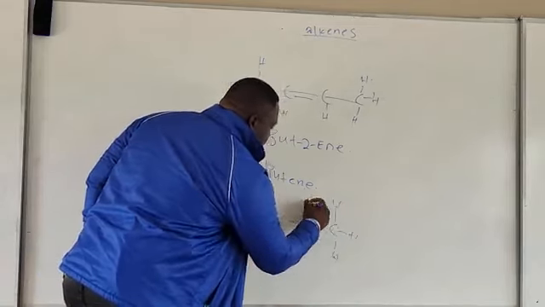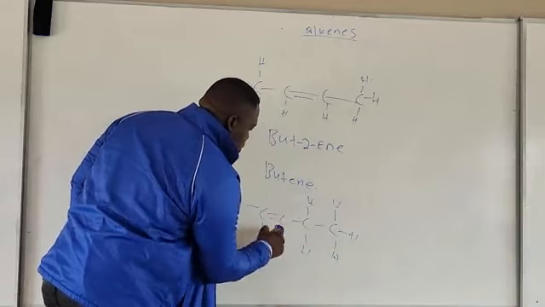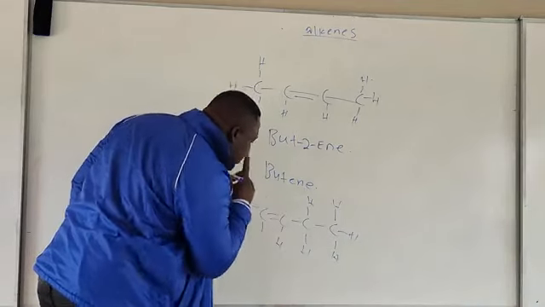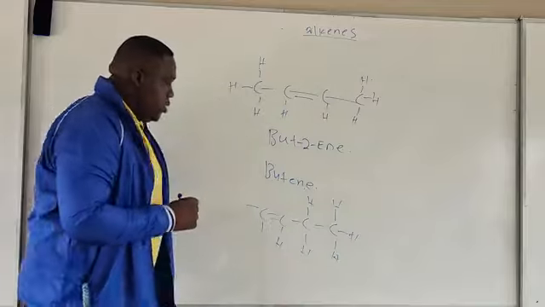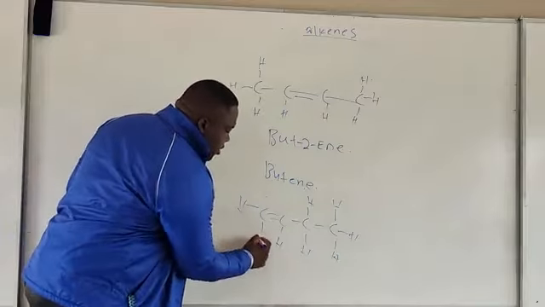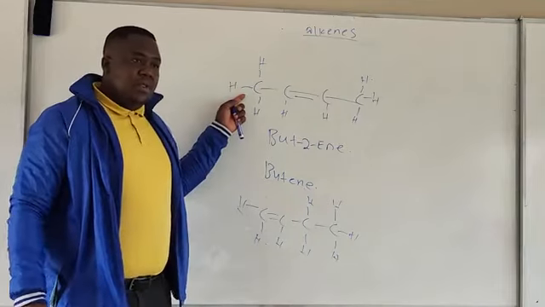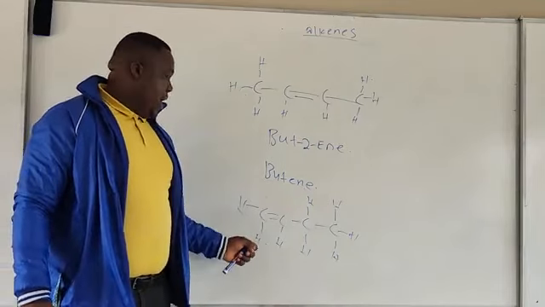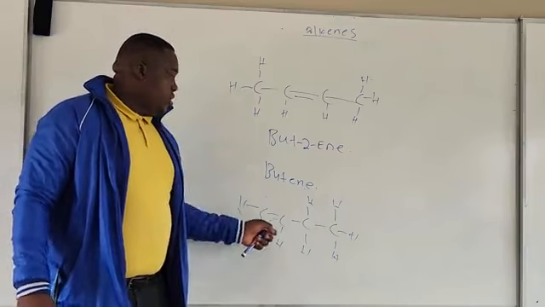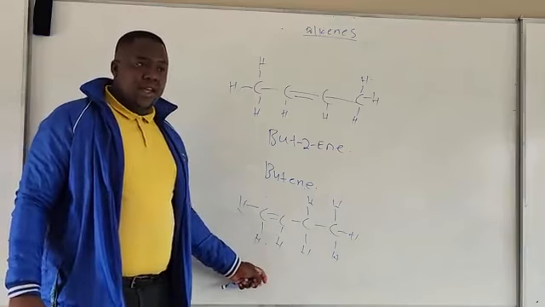Do you see this organic molecule? Is it not a butene? It is a butene. But is it the same as this one? No. They are not the same, right? This one is but-1-ene, right?